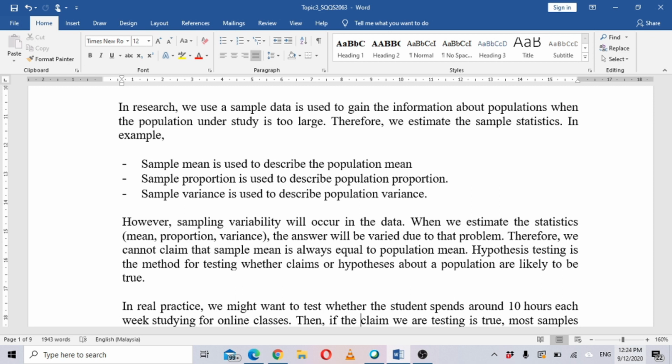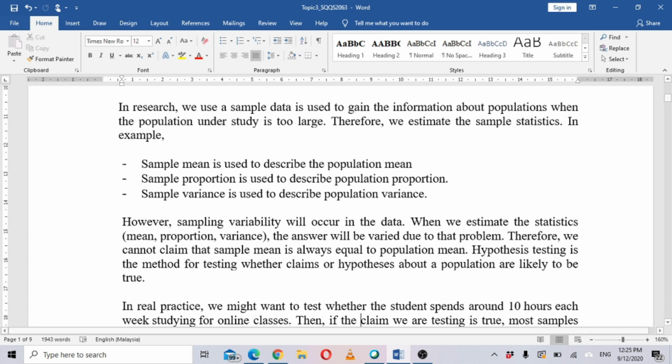Therefore, we estimate the sample statistics. For example, we use the sample mean to describe the population mean. We use the sample proportion to describe the population proportion. Then we use the sample variance to describe the population variance.